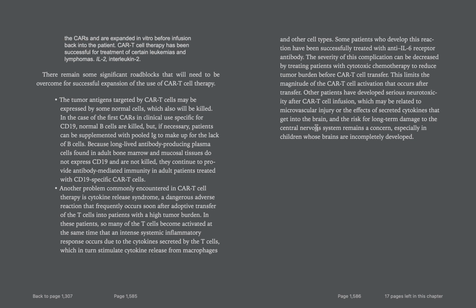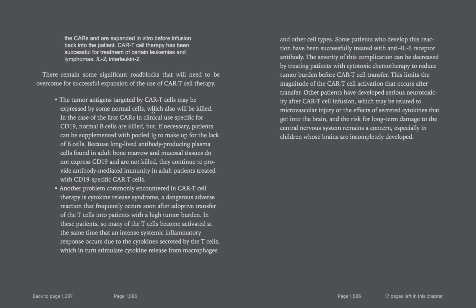So there remain some significant roadblocks that will need to be overcome for successful expansion of the use of CAR T cell therapy. The tumor antigen targeted by CAR T cells may be expressed by some normal cells, which also will be killed.